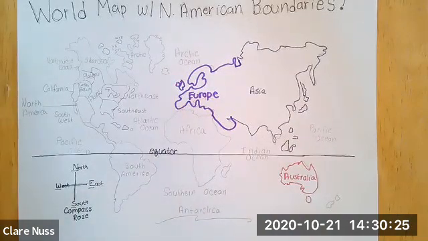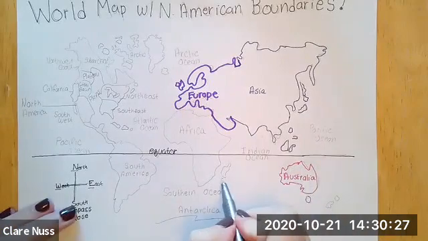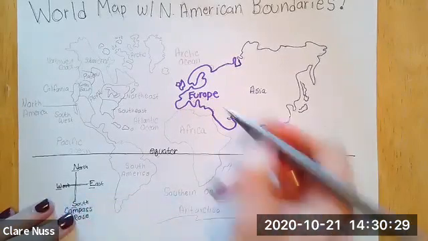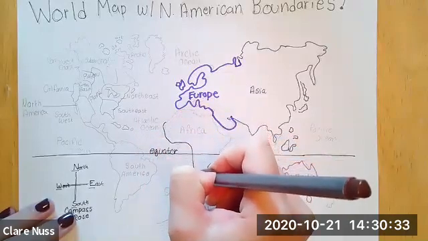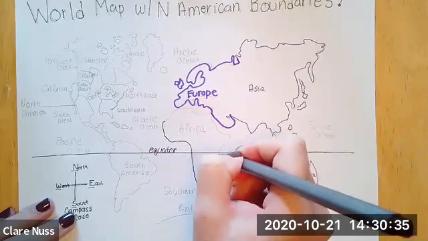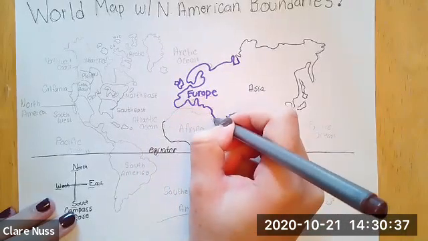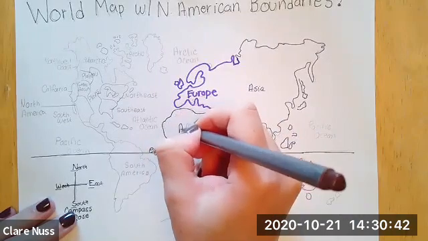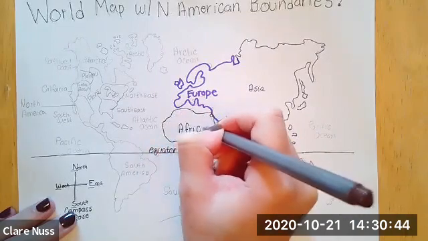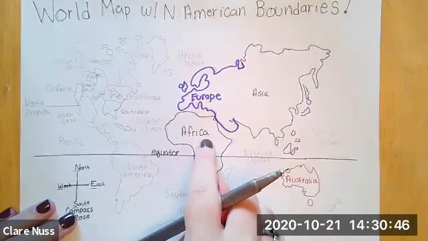Now, if from Australia I was to travel to the west, I would be on the continent of Africa. Many people think that Africa is actually a country. However, it's not. It's a continent and it's home to many different countries. Will you say Africa with me? Africa.